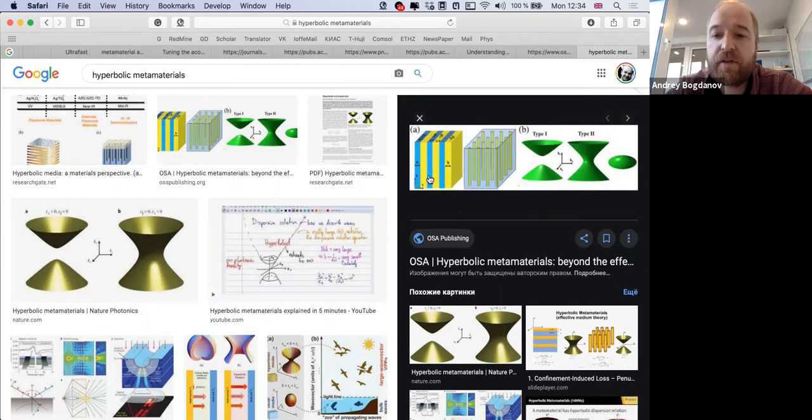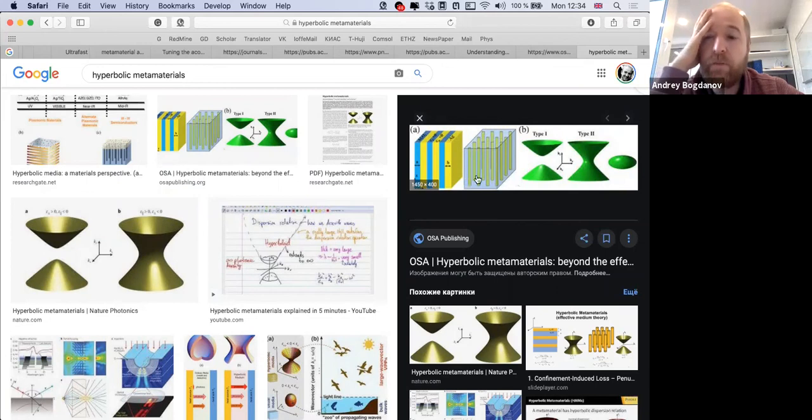The first method we considered is a multilayer structure. You see a yellow layer and a blue layer, like dielectric and metal, like gold and glass. This is a so-called type 1 metamaterial with such permittivity.